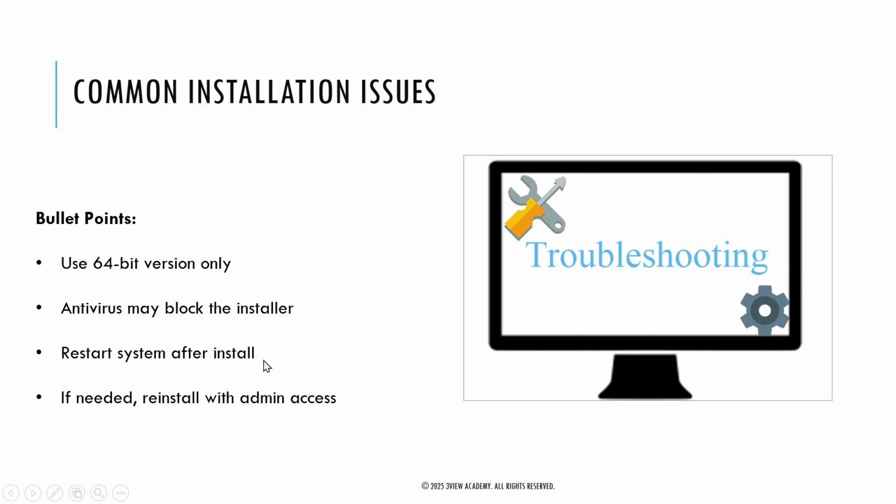And whenever you install Anaconda, after installing, make sure that you restart your system so that everything is arranged properly. If needed, please reinstall with admin access. Sometimes, because you are installing Anaconda through user access, many features are not activated by default and you face problems in installing Anaconda. So make sure you have admin access, and if you are facing problems, the last and ultimate step is to install Anaconda with admin access.